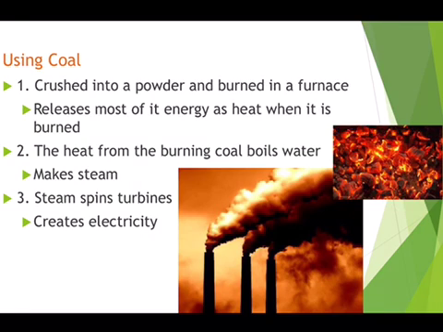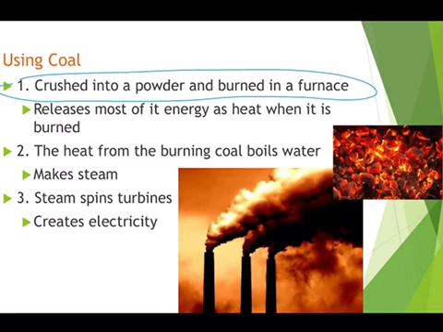So except for the first part of crushing and burning the coal, it's basically we burn something to boil water. The boiling water makes steam, and the steam turns a turbine, and that creates electricity. This process to make electricity is used regardless of burning coal or natural gas.